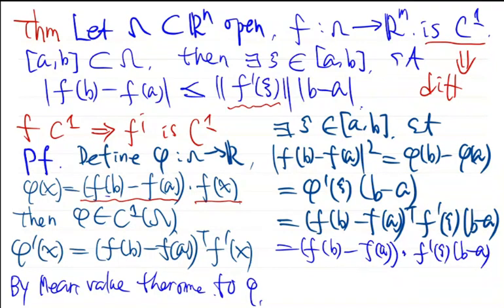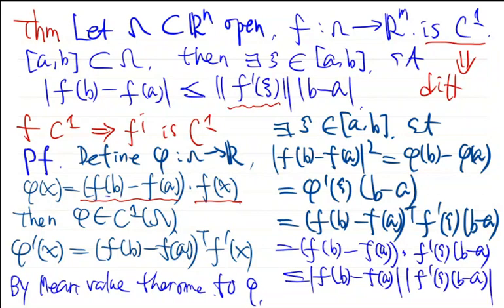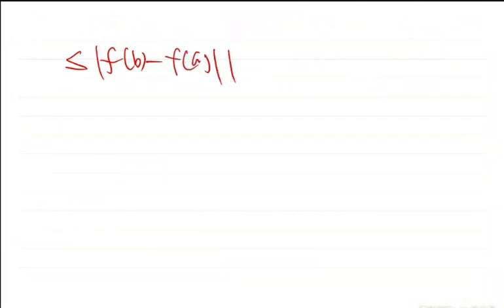This inner product will not be greater than the norm of fb minus fa multiplied by the norm of f prime Xi b minus a.